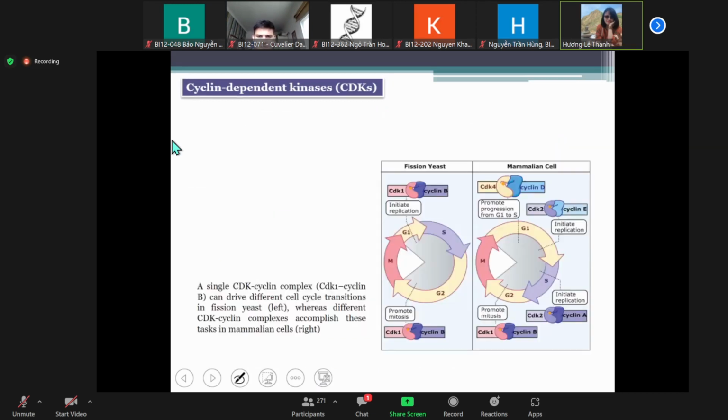So what about this cyclin-dependent kinase? They are a very evolutionary concept. You can find that in yeast, there's only one type of cyclin complex, just cyclin 1, and it promotes every action of the yeast cells. But in mammalian cells, we have several types of cyclins.